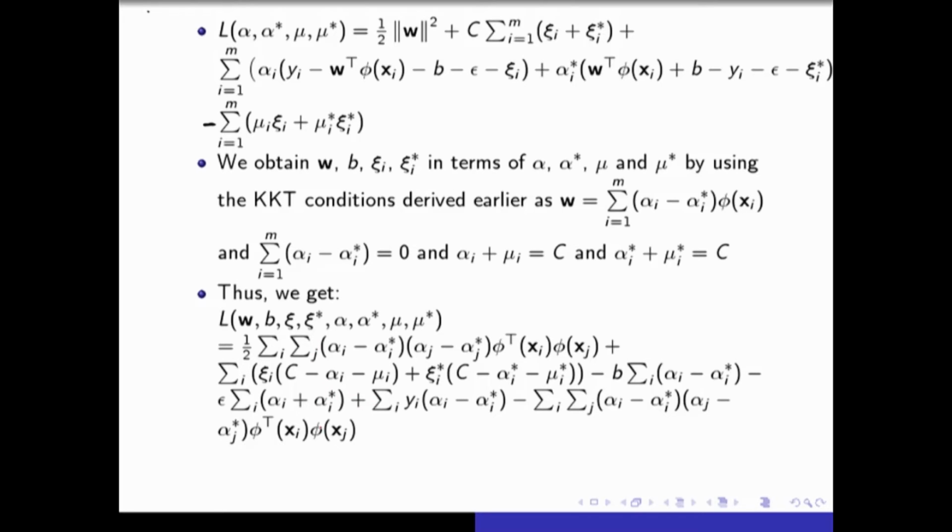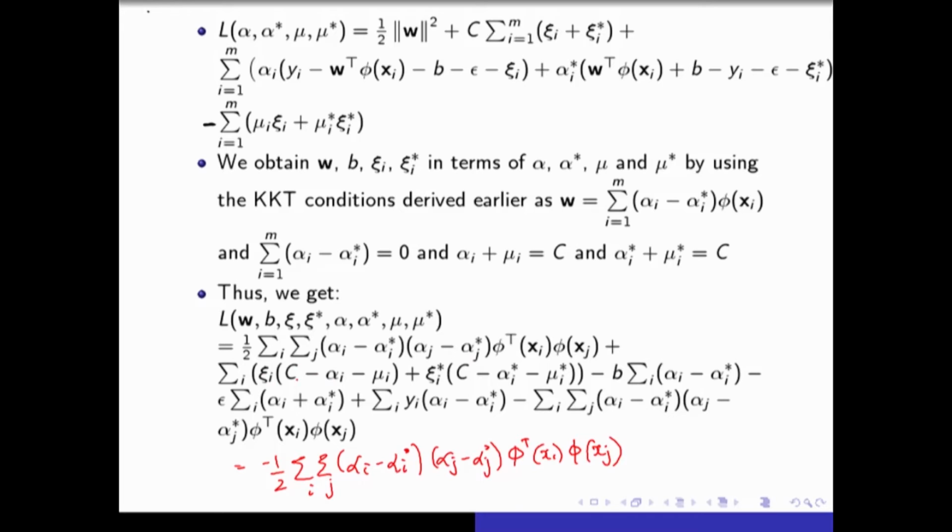There will be these dot product terms involving phi xi transpose phi xj, one with a half component and the other with a minus. So these two would actually simplify to give minus 1/2 summation over i, summation over j, alpha i minus alpha i star, alpha j minus alpha j star, phi xi dot product with phi xj.